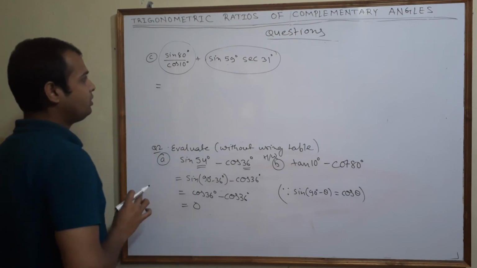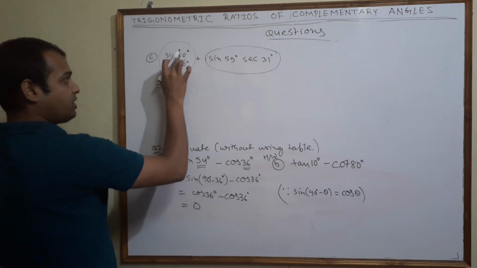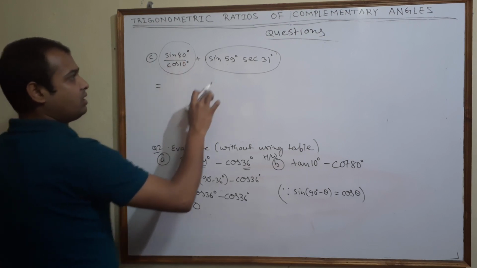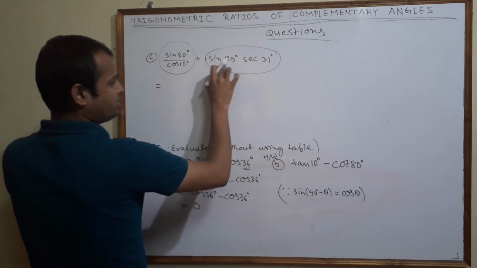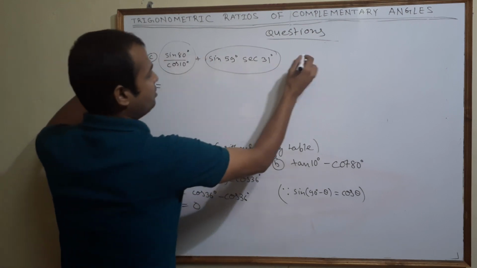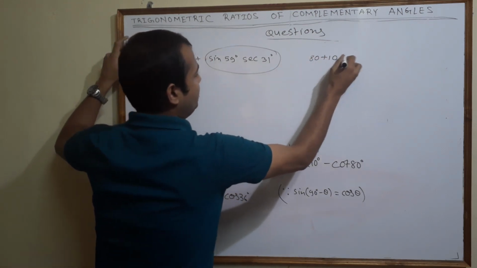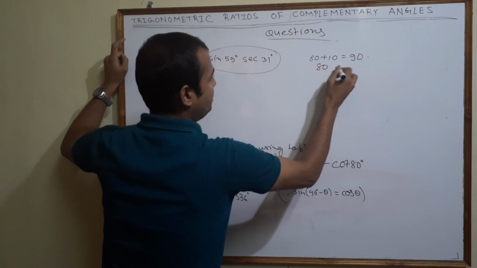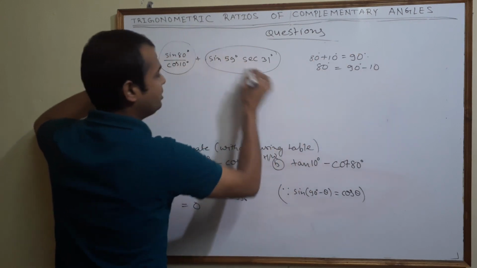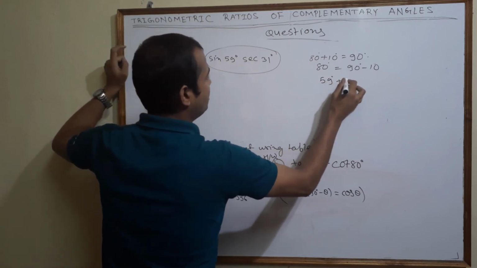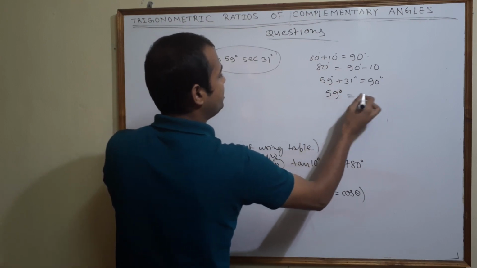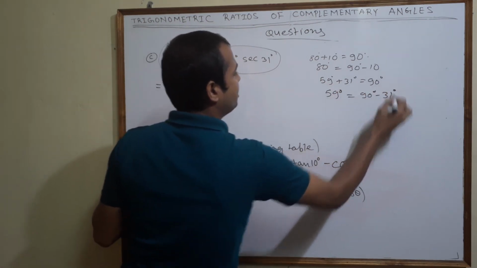So for this term, we'll try to write 80 as 90 minus 10, and in this we'll write 59 as 90 minus 31. Because 80 plus 10 will be 90, I can write my 80 as 90 minus 10, and 59 degree plus 31 degree is equal to 90 degree, so I can write 59 degree as 90 degree minus 31 degree.